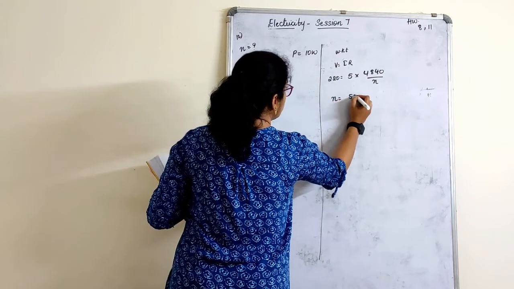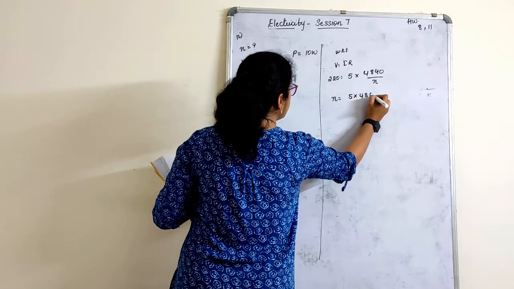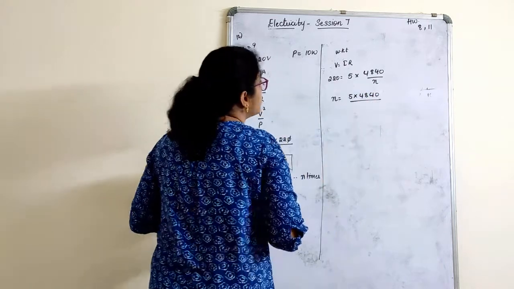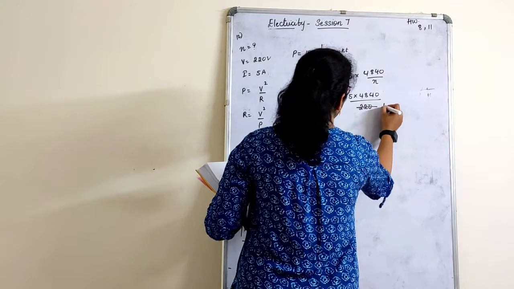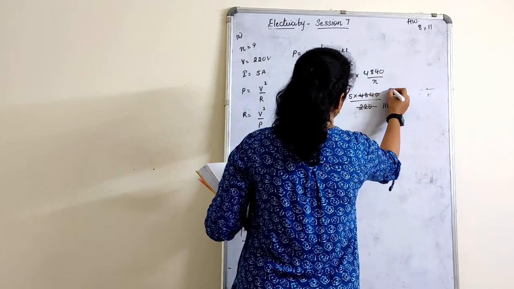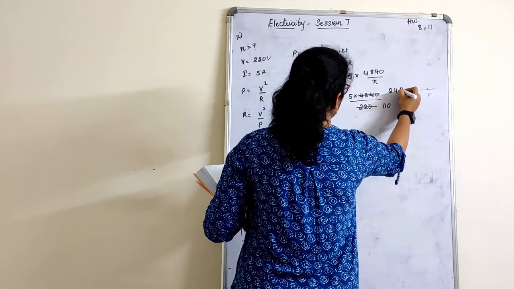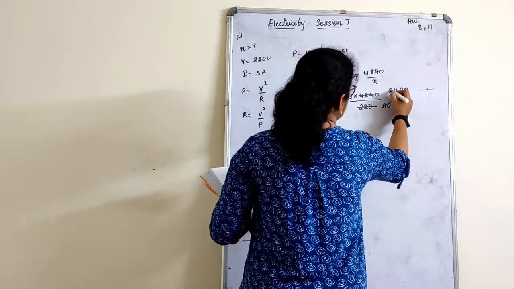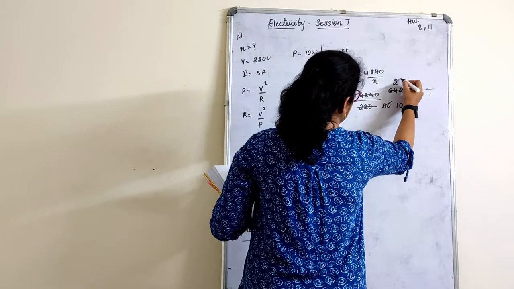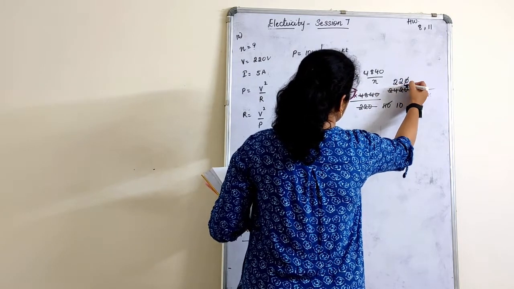N is equal to 5 into 4840 divided by 220. 2 11s are 22, 2 2s are 4, 2 4s are 8, 2 2s are 4, 0. So 11 10s are 110, 11 2s are 22, 22, 0.